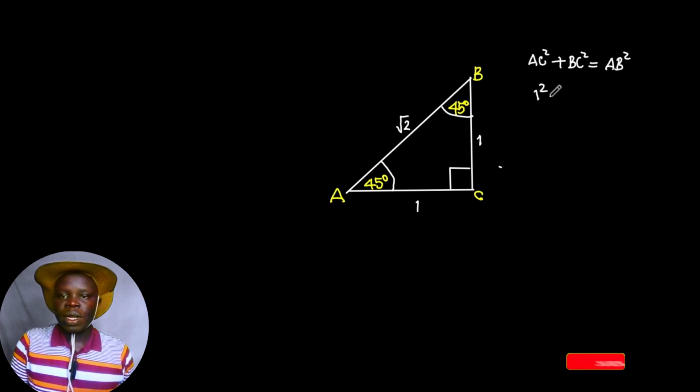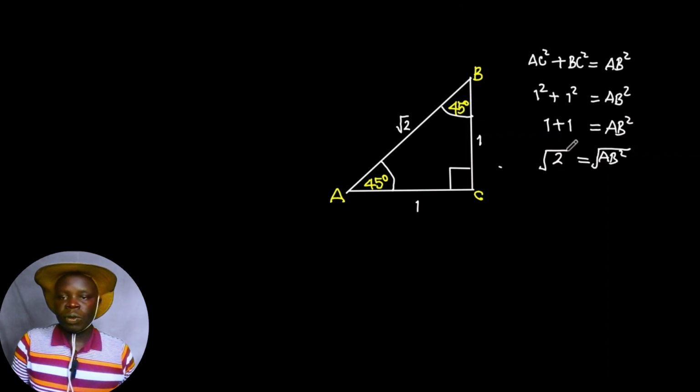Here we have 1 squared plus 1 squared equals AB squared, so 1 plus 1 equals AB squared. This sums to 2 equals AB squared, so you take the square root on both sides. Therefore, our AB is square root of 2, and that is what we had here.